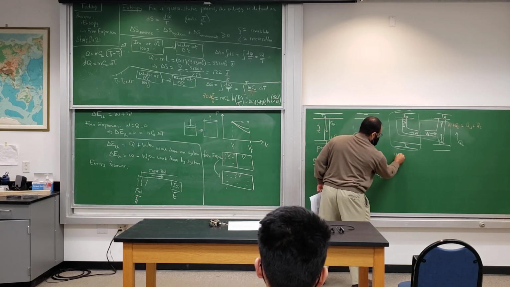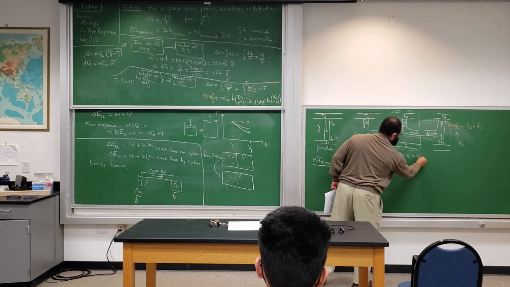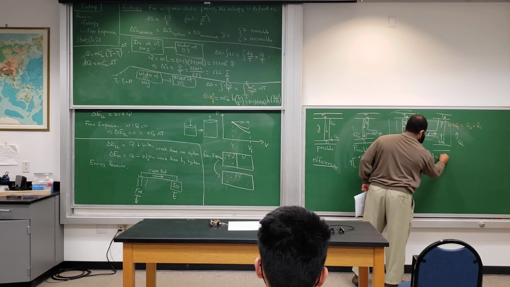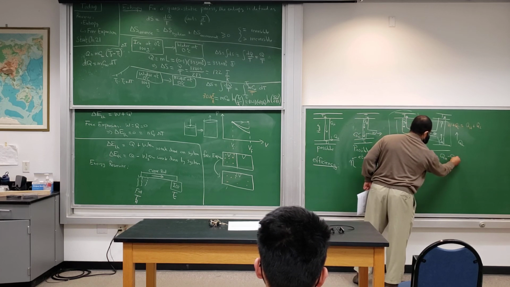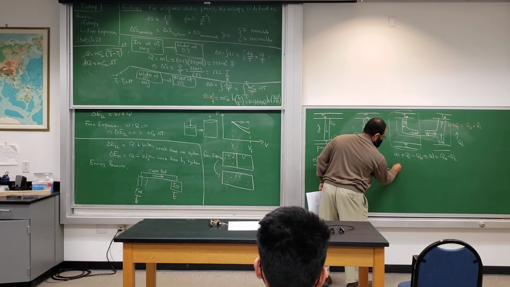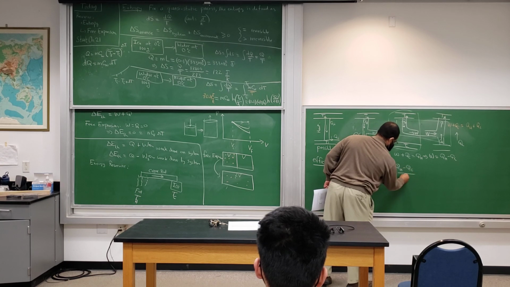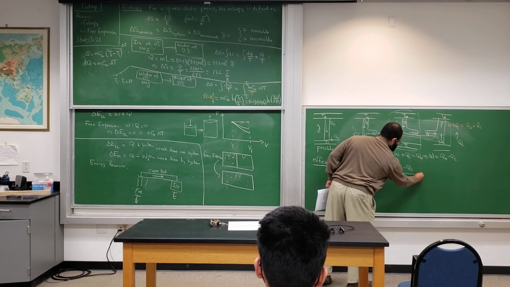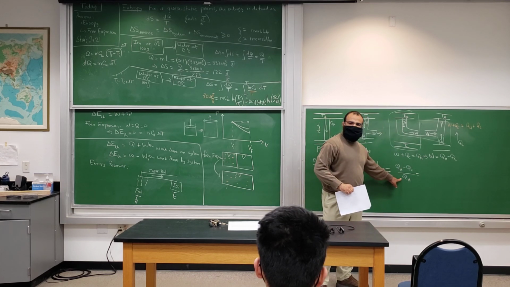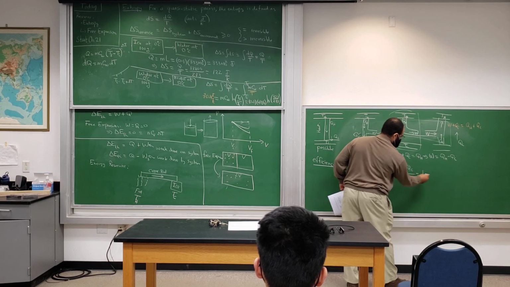That means W will equal QH minus QC, right? And you can substitute that here. So QH minus QC over QH. This fraction can be simplified because QH over QH is 1, and then minus QC over QH.